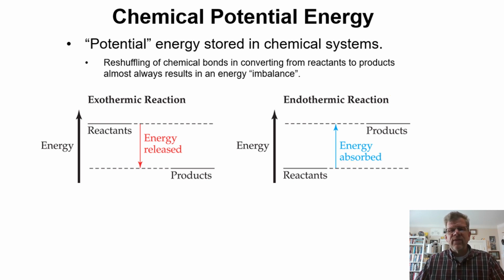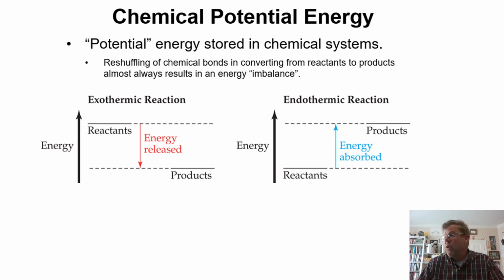Now, what is this amount of energy? Going from reactants to products here, what is this exact amount? Again, in this class, we're looking at it at a level where we will not be calculating the specific amount of energy, because a lot of different considerations have to go into that.